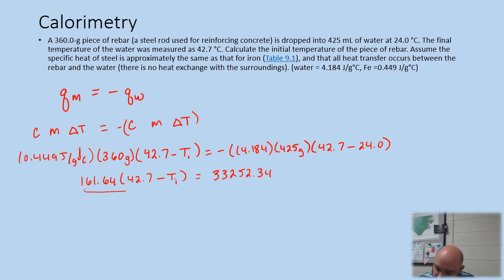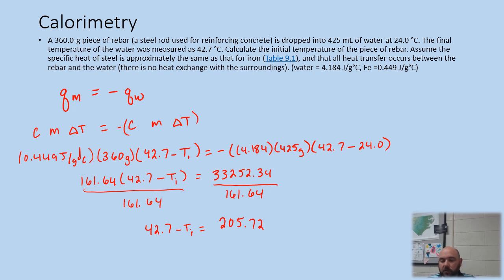Now, if I divide both sides by 161.64, I will arrive at the following expression: 42.7 minus the initial temperature is equal to 33,252.34 divided by 161.64, which is 205.72.